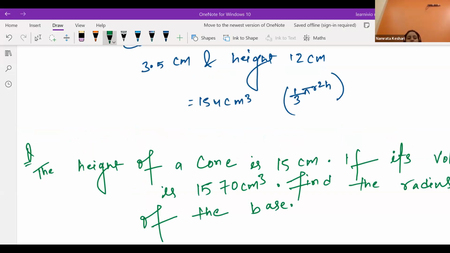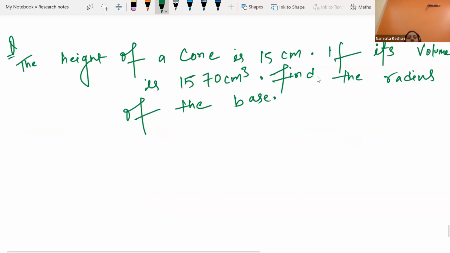Bharti, Anand, Samya. It's 154. Yes, ma'am. Okay, please do this one. Here, volume is given, and the height of the cone is given. We have to find the radius by using the same formula. Please do this one.